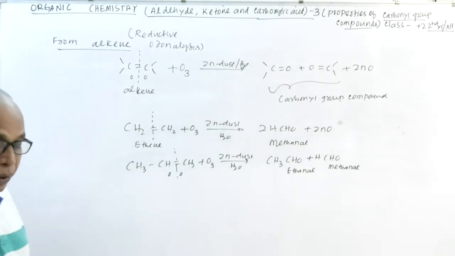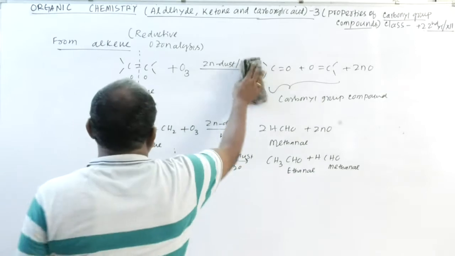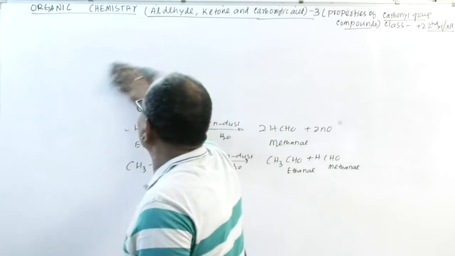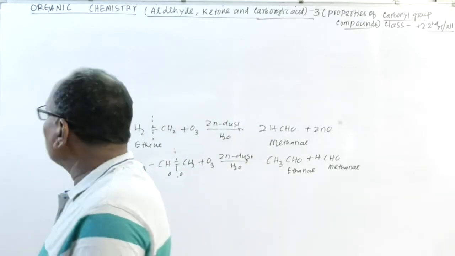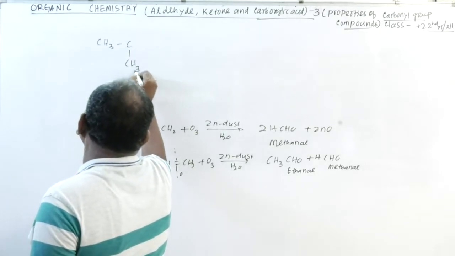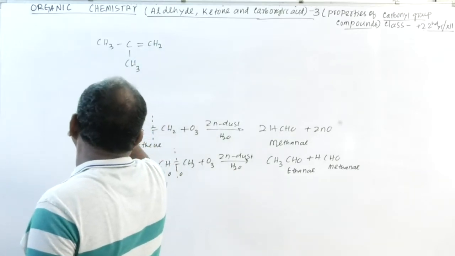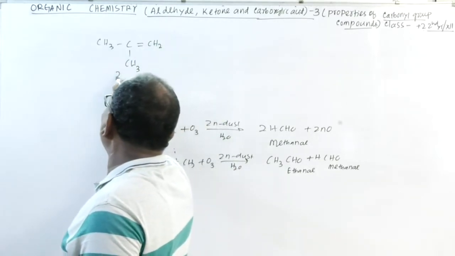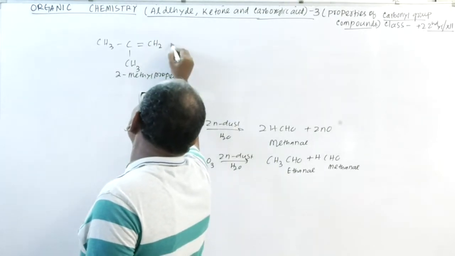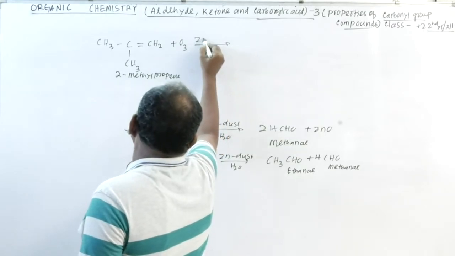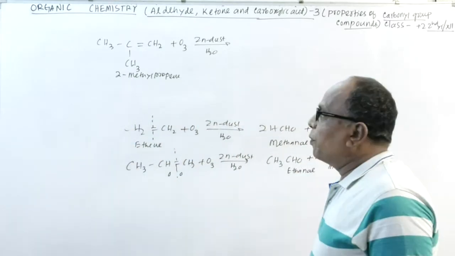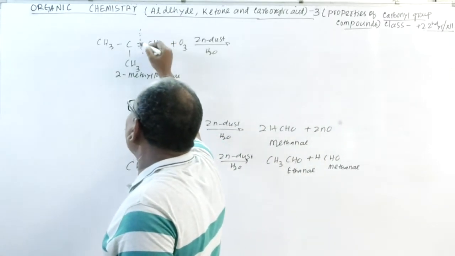Suppose you take isobutylene or isobutene. What is isobutene? CH3, C, CH3, double bond CH2. This is called 2-methylpropene. On ozonolysis in presence of zinc dust and water, the double bond is cleaved here, O on this side, O on this side.